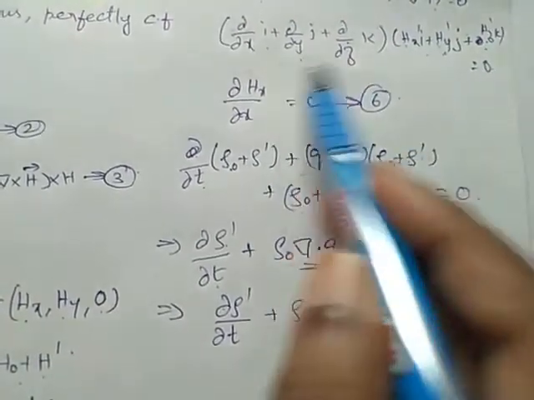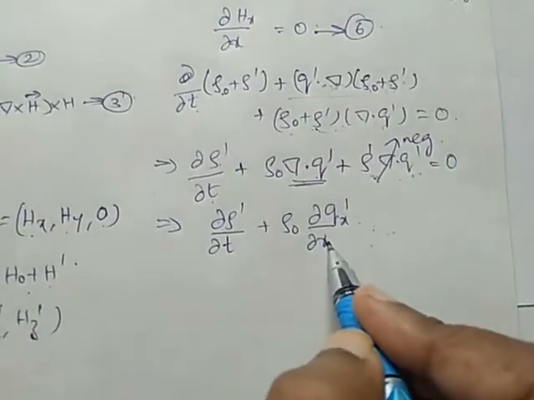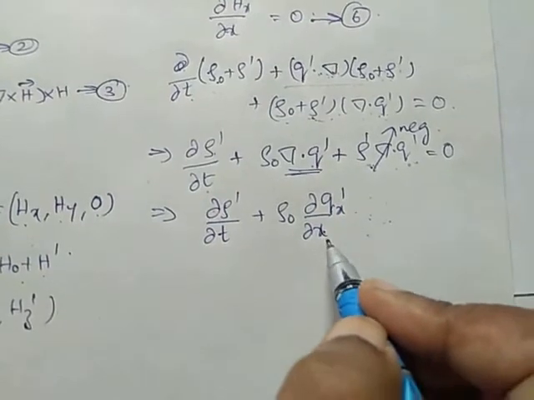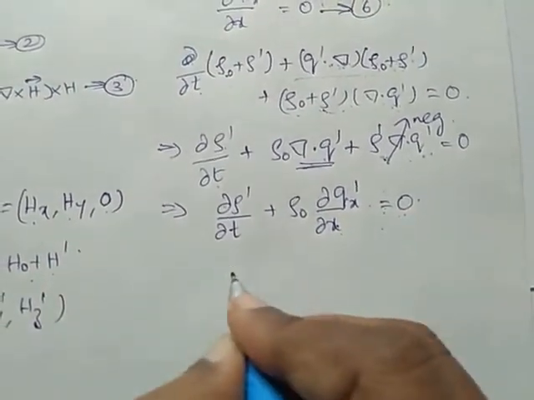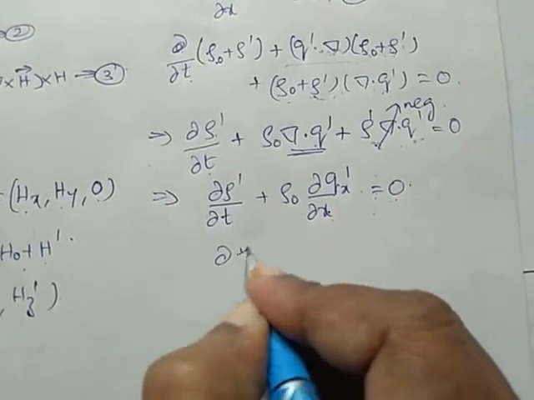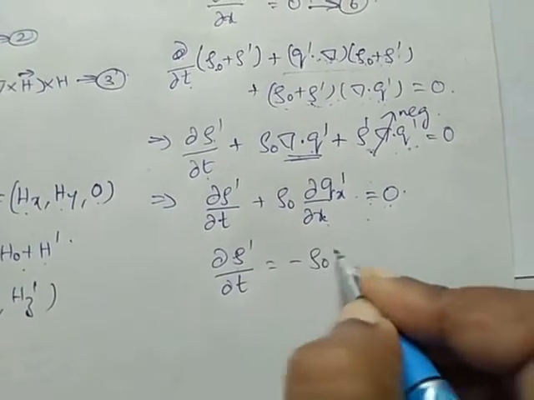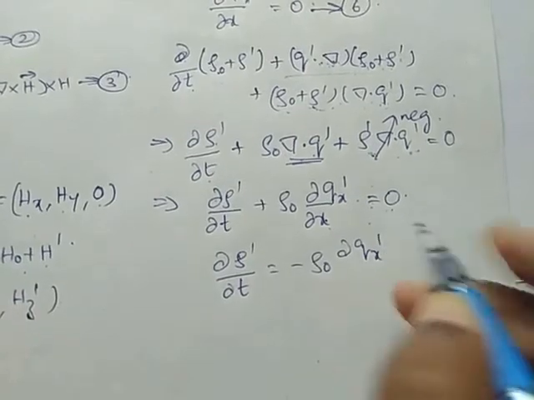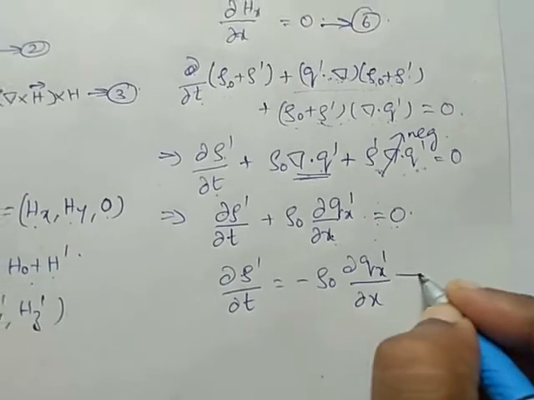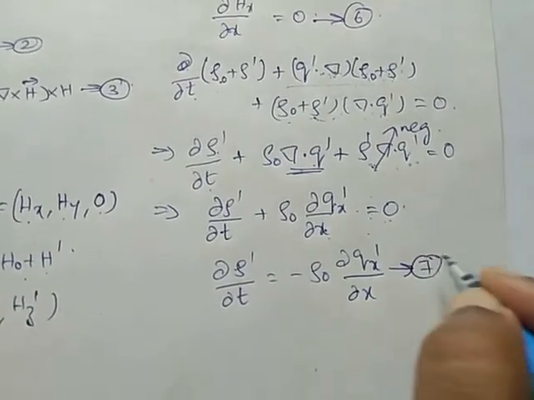As we have written here, we get dou qx dash by dou x. So therefore dou rho dash by dou t is equal to minus rho naught dou qx dash by dou x. I'll take this as equation 7.